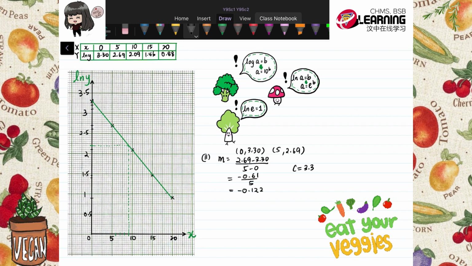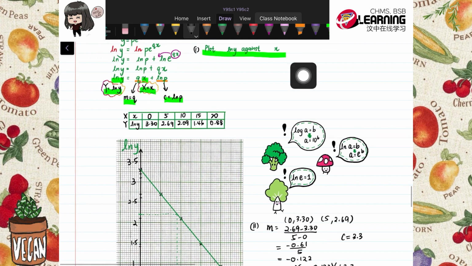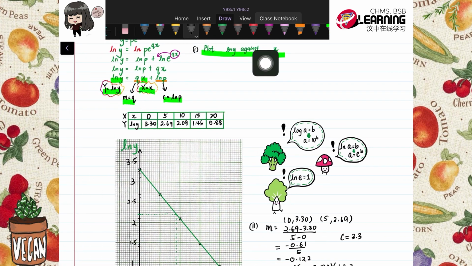Okay, and I form my equation, big Y equals negative 0.122 big X plus 3.3. My big Y is ln y, so ln y equals negative 0.122 small x plus 3.3. And then I compare with the equation that I've already reduced earlier on.